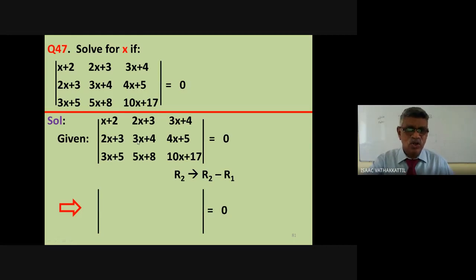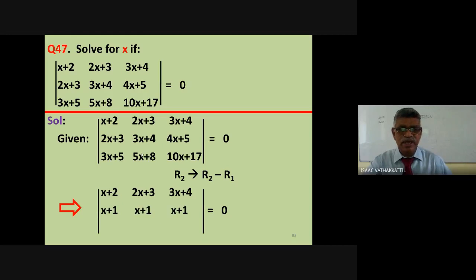Again here also, 3x minus 2x is x, 4 minus 3 is 1, x plus 1. Here also x plus 1. First row as it is, x plus 2, 2x plus 3, 3x plus 4. The second row, all the elements will be x plus 1. And the third row will be as it is.